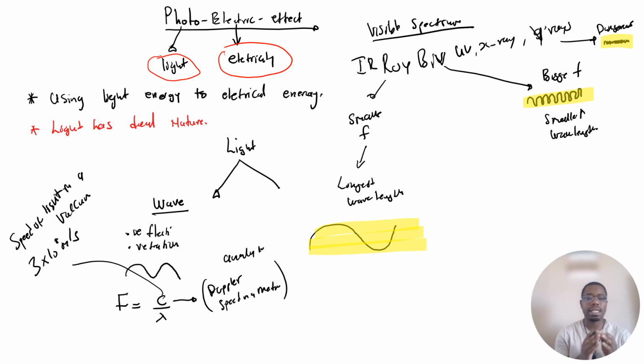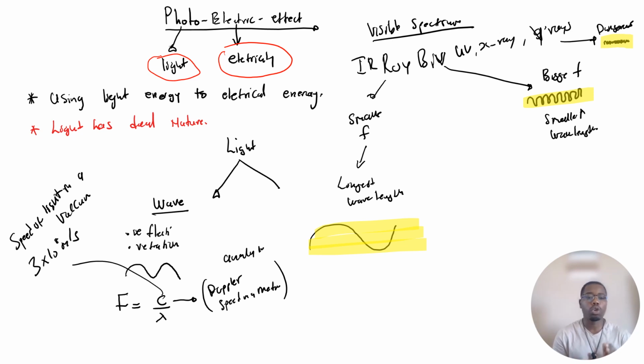By wave, that's where we talk about the reflection of light and all that. And when we're talking about the photoelectric effect, it is the other side of light, where light exists as a particle. I hope that makes sense.